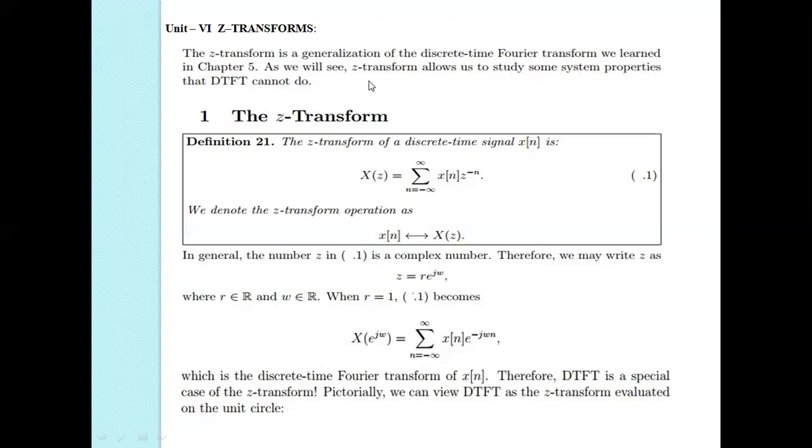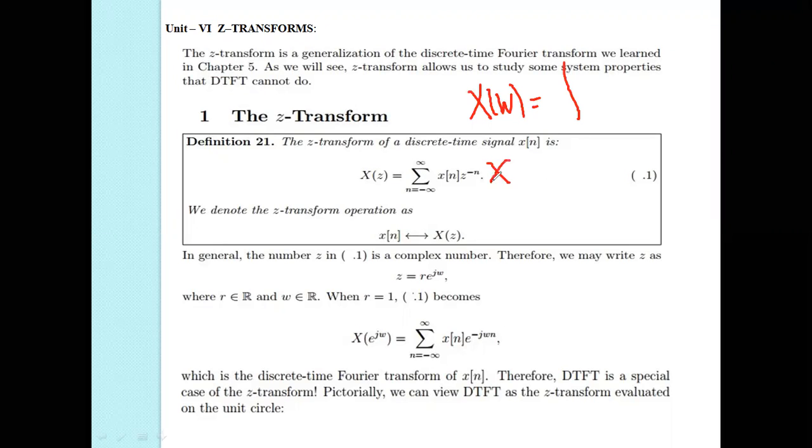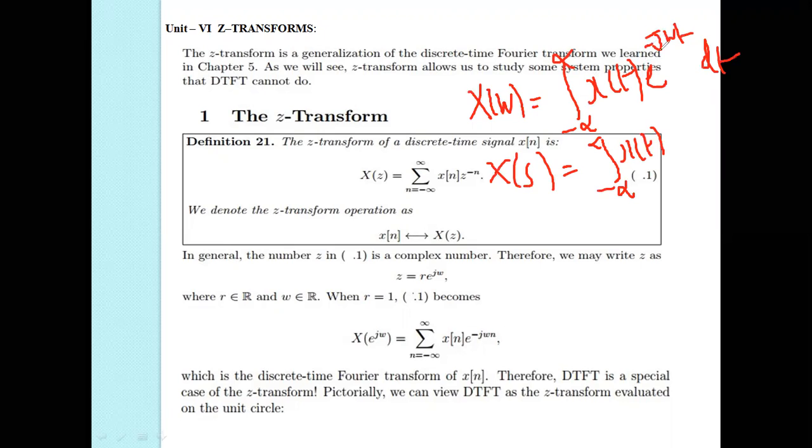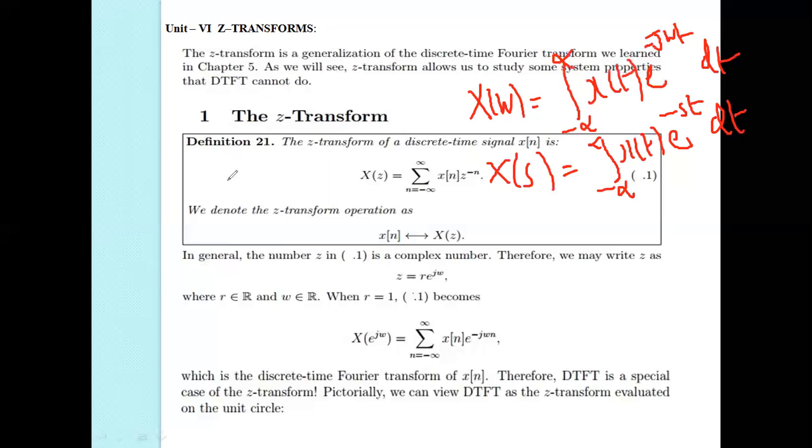See, what is the definition of the Fourier transformation? X of omega is equal to the integral from minus infinity to infinity of the time domain signal multiplied by e power minus j omega t dt. Instead of j omega, we can replace it with s, and it becomes the Laplace transformation.